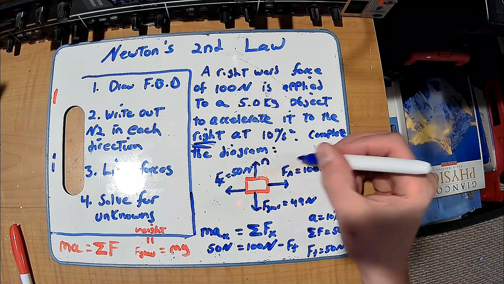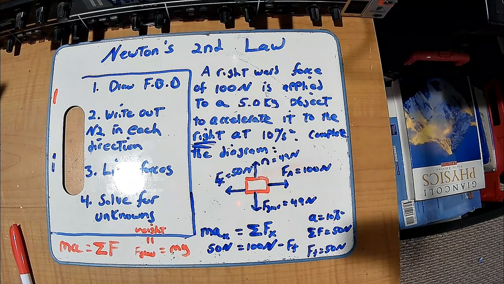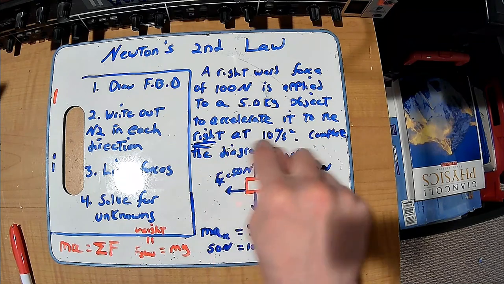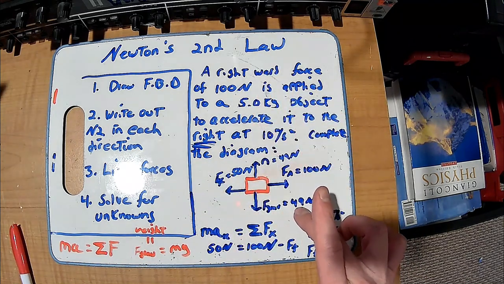All right, and we already figured out, I didn't write it here, but the normal force was 49. Okay, so if you follow this process every single time, you'll be able to solve any problem that you're going to be asked. Okay, so you want to start out by making sure your diagram is correct, using the mass to find the weight, or vice versa.